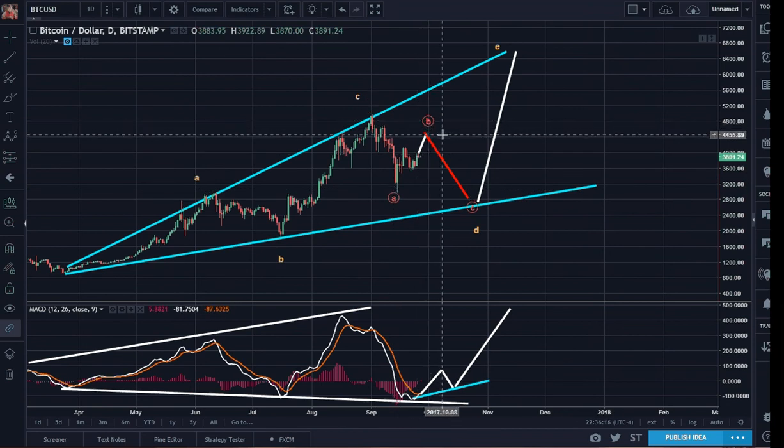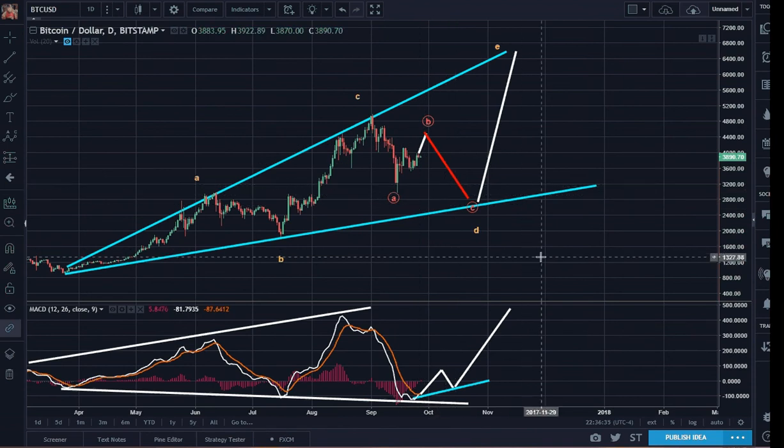If this is correct, we should see somewhere in the high 4,400s to mid 4,500s.